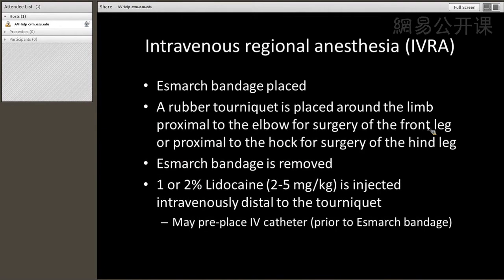As soon as you take that tourniquet off when they're done with the procedure, any lidocaine that's in the vessel is going to go systemic, and any lidocaine that's in the tissue is going to be reabsorbed over about the next half an hour. So you need to make sure you stay at about 2 milligrams per kilogram. You could go up to 5, but I probably wouldn't unless I needed a huge volume.